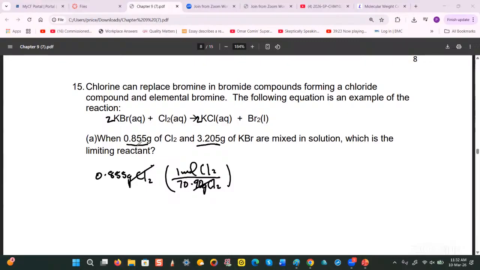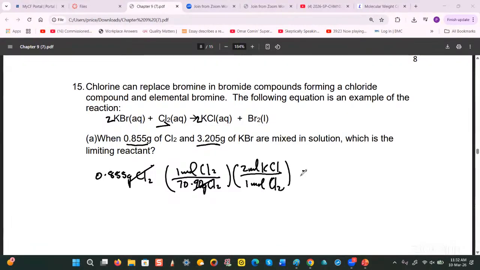Then I will look at the mole ratio between the chlorine and any one of these two products. It doesn't matter which one. I'm going to choose the potassium chloride, right? So it's a 2-to-1 mole ratio between the potassium chloride and the chlorine. That would be represented here as 2 moles of potassium chloride above and 1 mole of chlorine below.